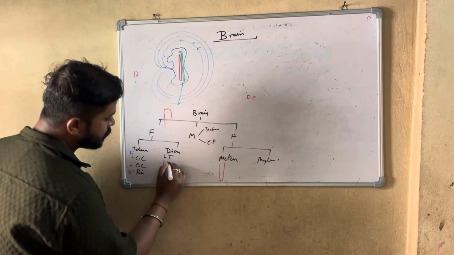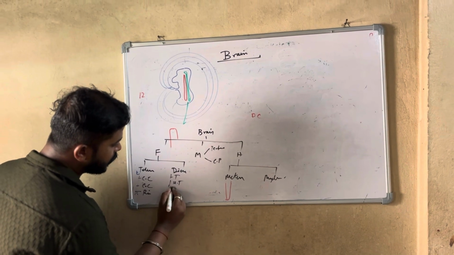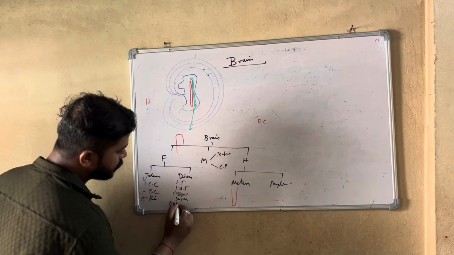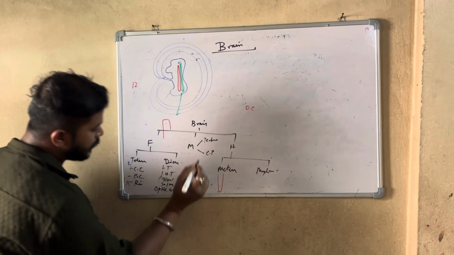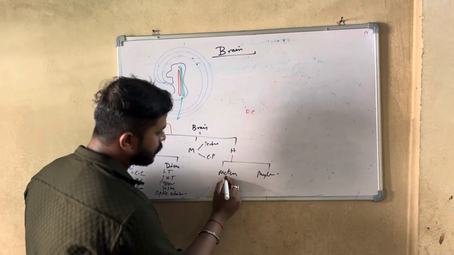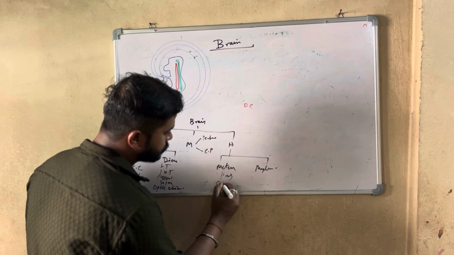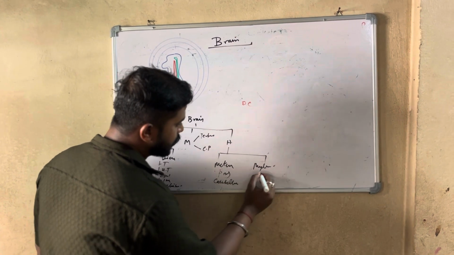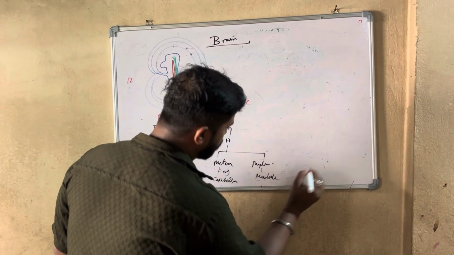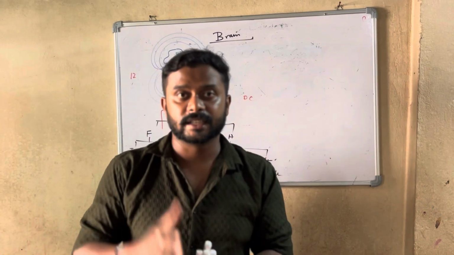Diencephalon is thalamus, hypothalamus, epithalamus, sub and metathalamus, and optic chiasma. Metencephalon has pons and cerebellum, and myelencephalon is medulla.